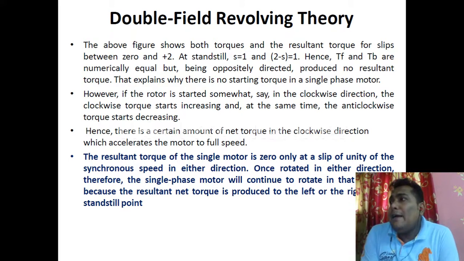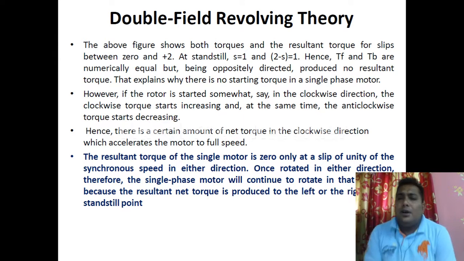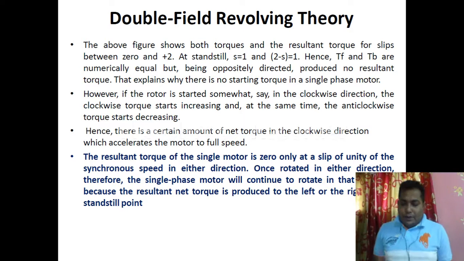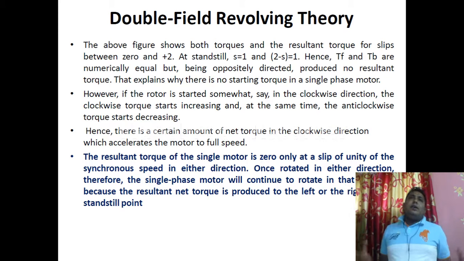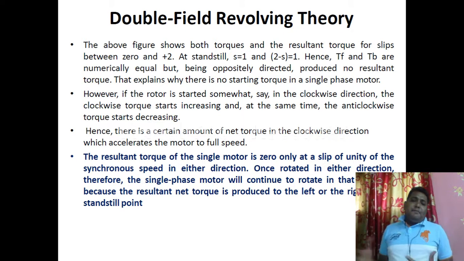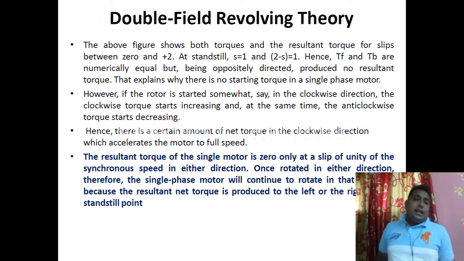That means as two fluxes of the same magnitude are generated, two torques of the same magnitude are generated, but in the opposite direction. So they neutralize each other, there is no resultant torque, and the motor is not self starting.